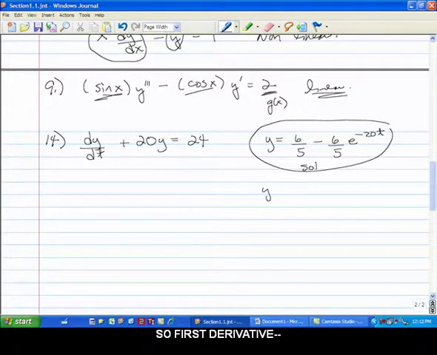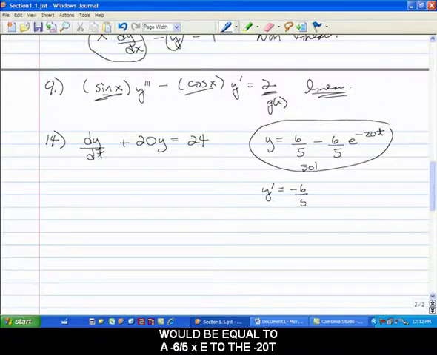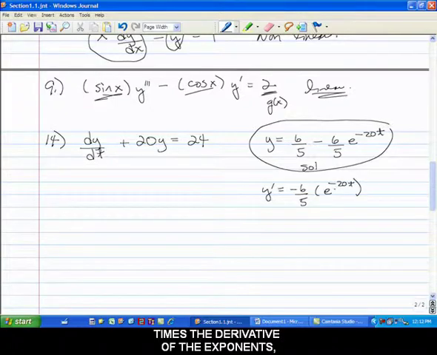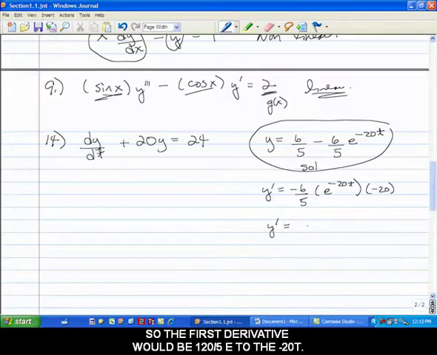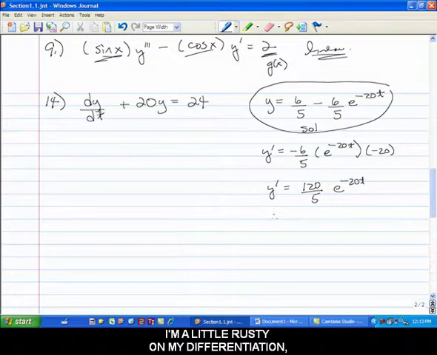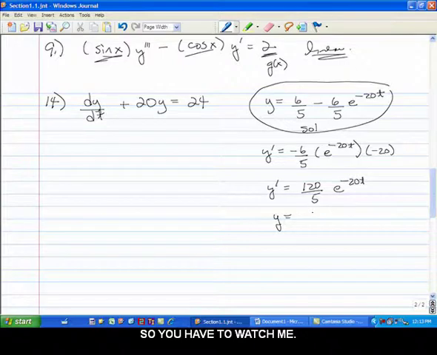So first derivative would be equal to a minus 6/5 times e to the minus 20t times the derivative of the exponent, that would be a negative 20. So the first derivative would be 120/5 e to the minus 20t. I'm a little rusty on my differentiation, so you have to watch me. So 5 goes into 120.